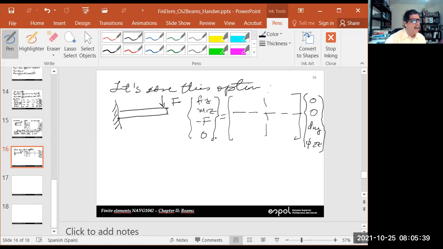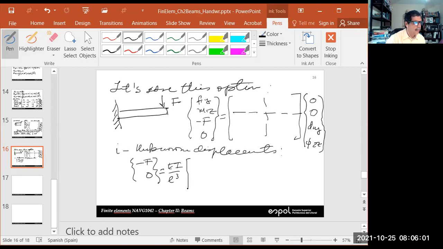Okay, so the first subsystem, remember, is the unknown displacements. So we take this part here because this is multiplied by 0, and we say this is minus F, 0, and then we have here EI over L cubed. It's a 4x4 matrix. I'm going to give you the values here.